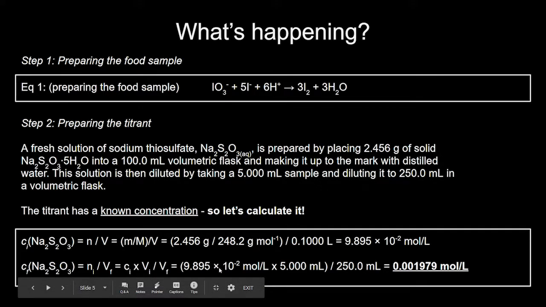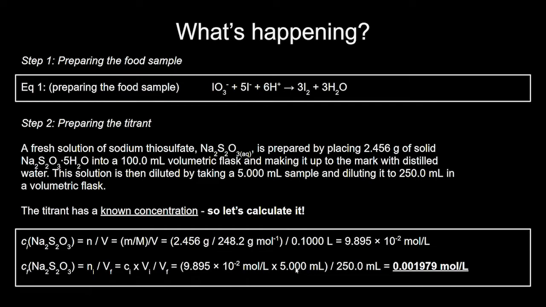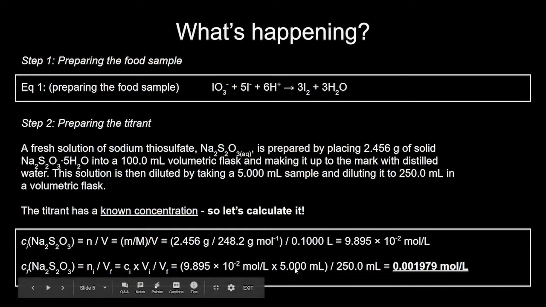I've plugged in the concentration of the sodium thiosulfate in the first flask, multiplied it by the volume, and we know concentration times volume gives us the number of moles in a sample. And then we've divided it by the total volume of the volumetric flask to get the true concentration of our titrant after it's been prepared. Cool. So this concentration is going to be really important.